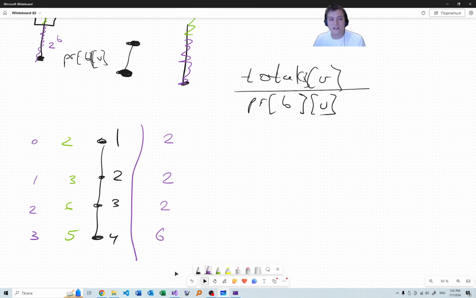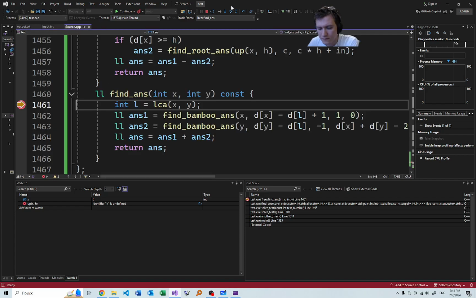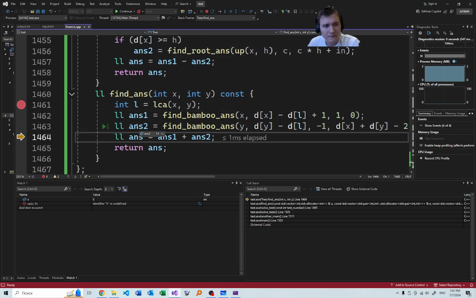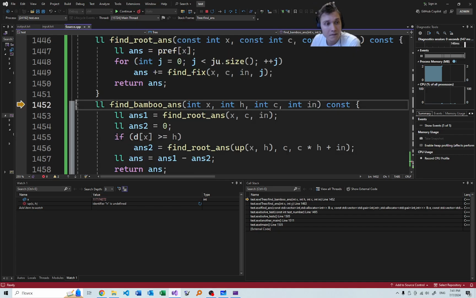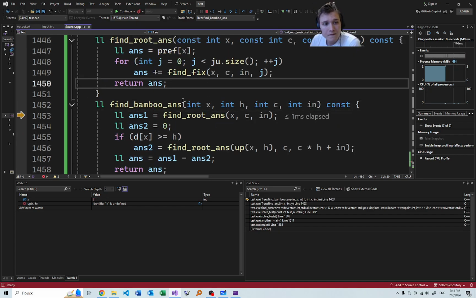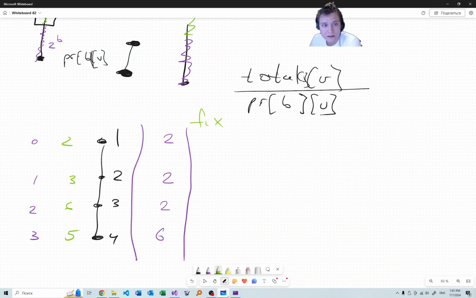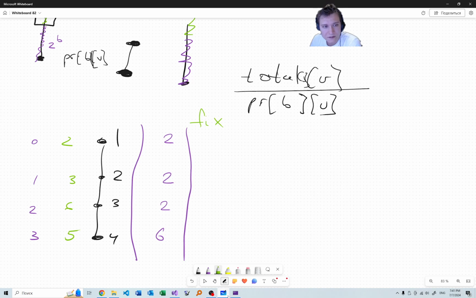Okay, what are the fixes? So fix is okay. Actually, maybe this is wrong because it should be 12 instead of 14. Find rootants x c in is 16. Well, this is what's wrong because it shouldn't be 16. It should be 14.